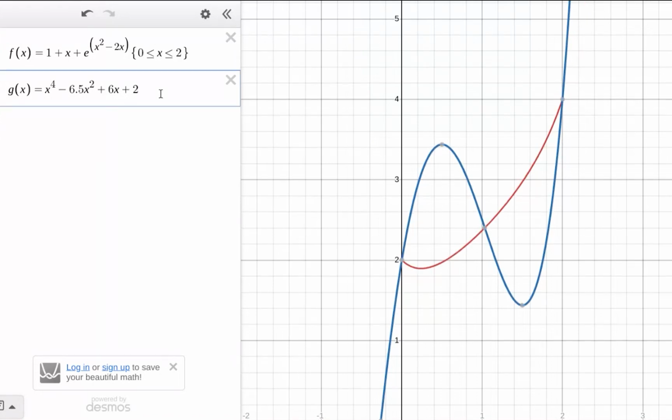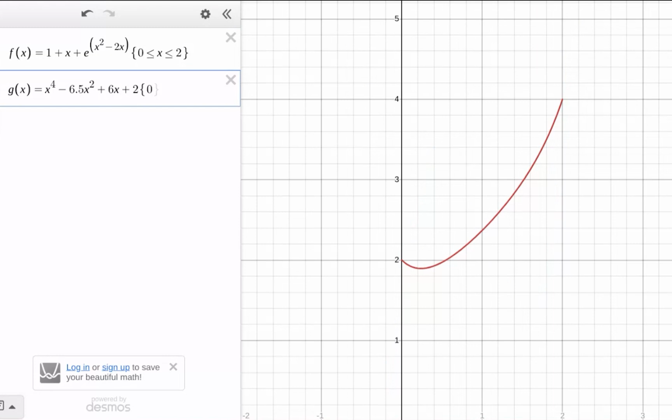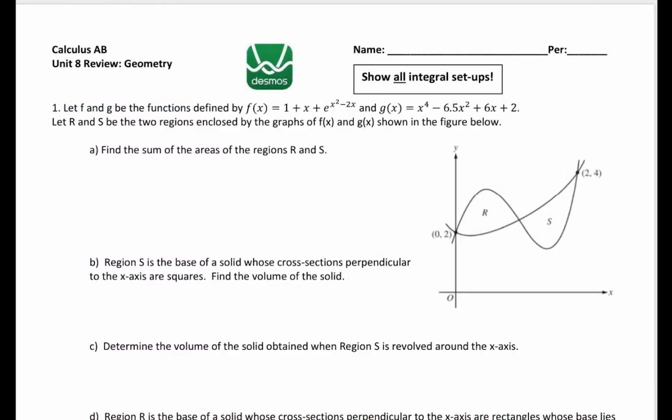So it looks a little more like the picture we see on the paper, with region R being the leftmost region and region S being the rightmost region. And we do have that point of intersection. This was already indicated on the paper, but it's (2, 4). And this point right here is (0, 2). So let's go back to the question.